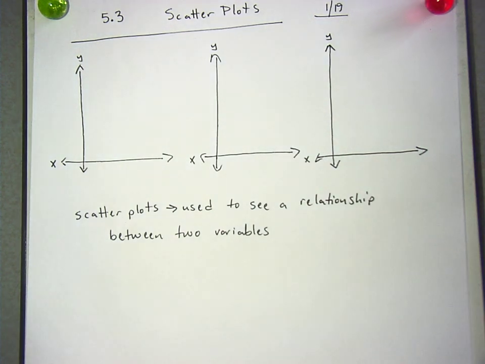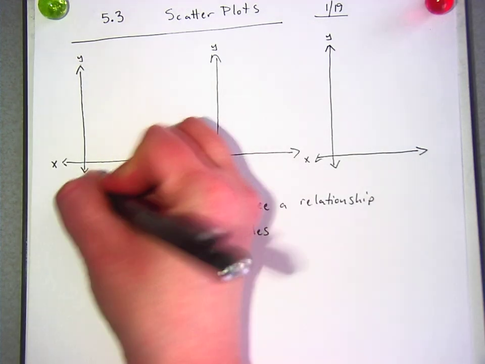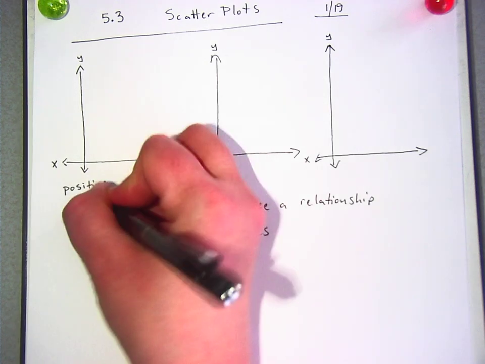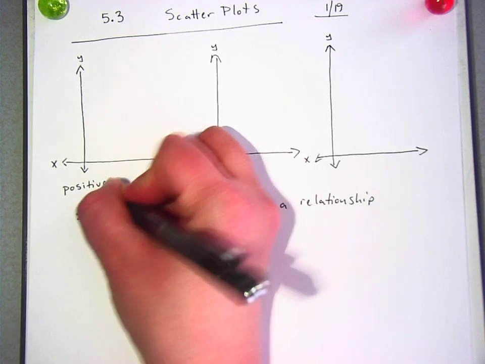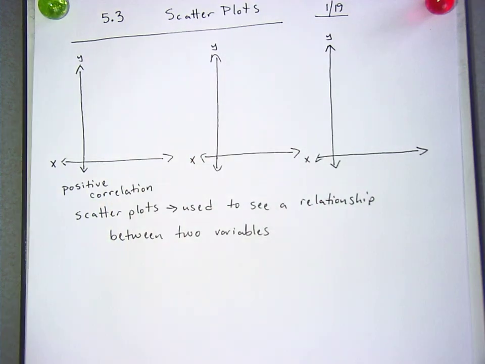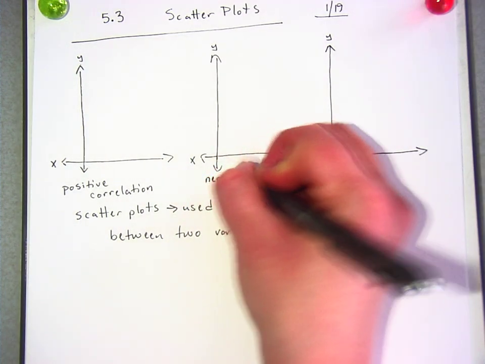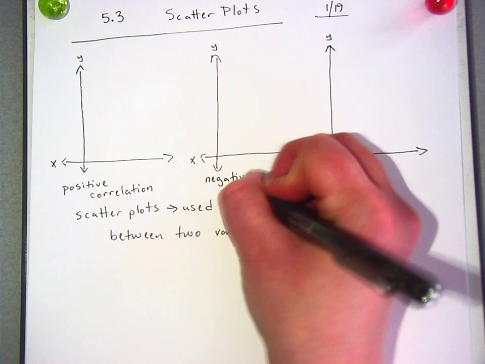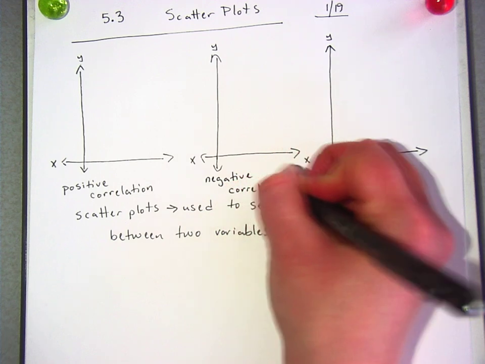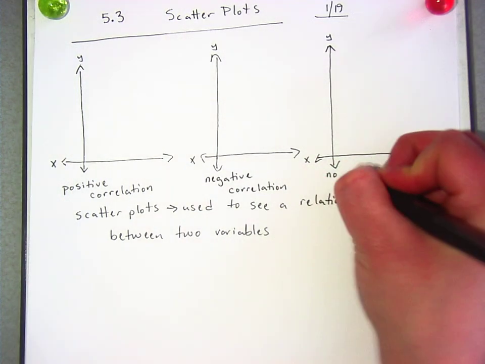So, there are three different possibilities. One is called a positive correlation. One is called a negative correlation. And one is called no correlation.